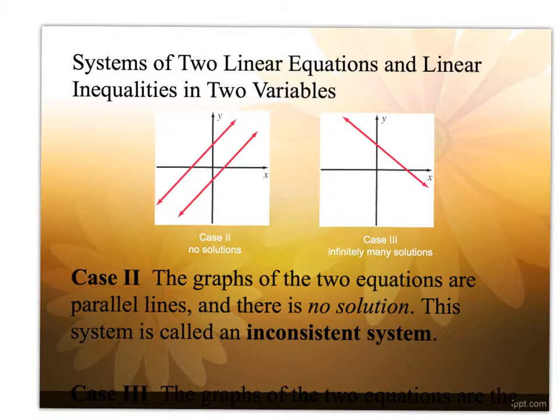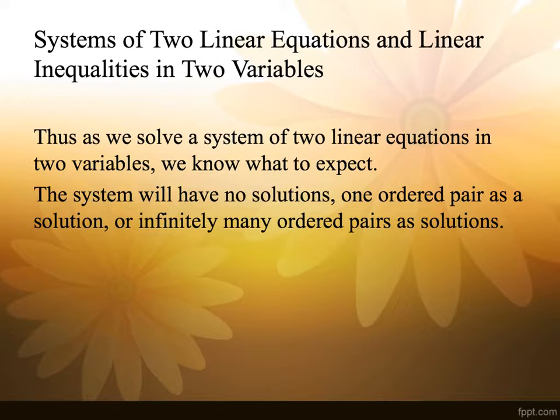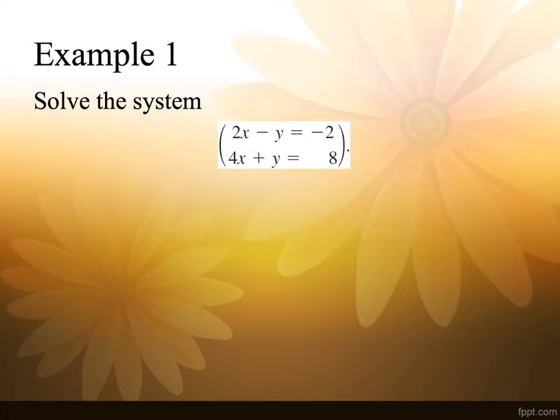So what we're going to do here is work through an example where we want to determine the solution or solutions, or lack thereof, of our system of linear equations. If we look at my first example here, we see that we have two linear equations that are both in standard form.